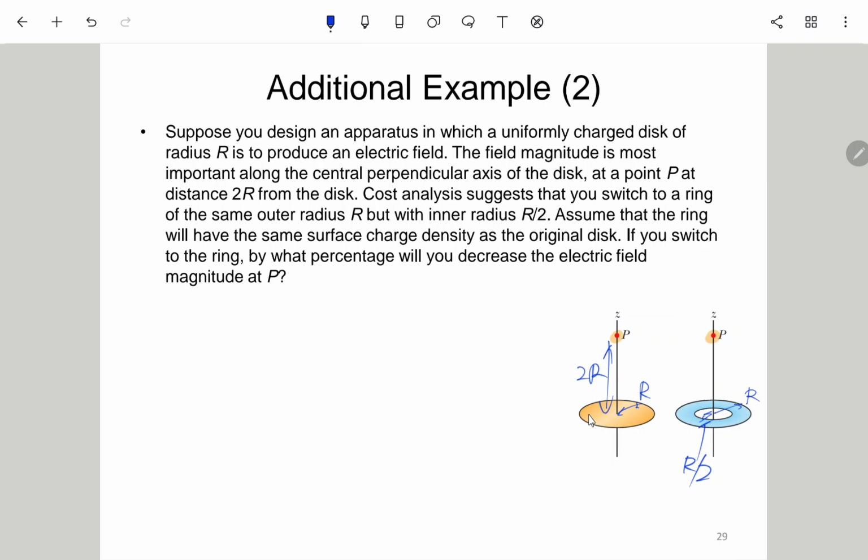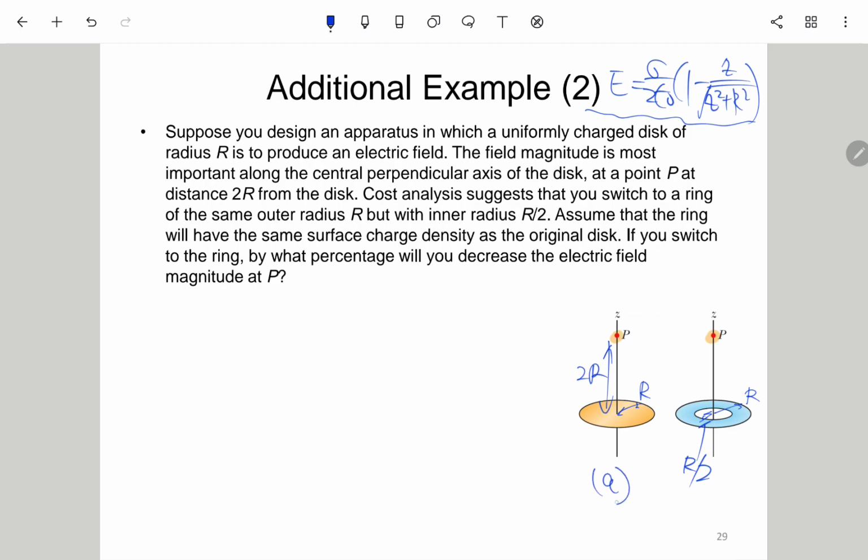So the idea is that we have charge uniformly distributed, and then we remove the middle part, but the charge density does not change, so the total charge becomes less. The question is how much the E field at point P decreases. We will make use of the equation E equals sigma over 2 epsilon naught times 1 minus z over square root of z squared plus R squared. This is the E field generated by a disk, and we assume this is not infinitely large.